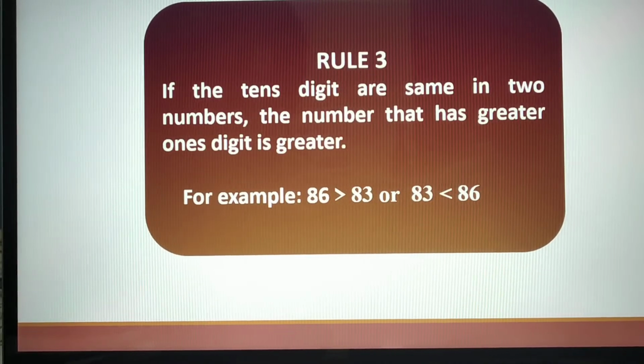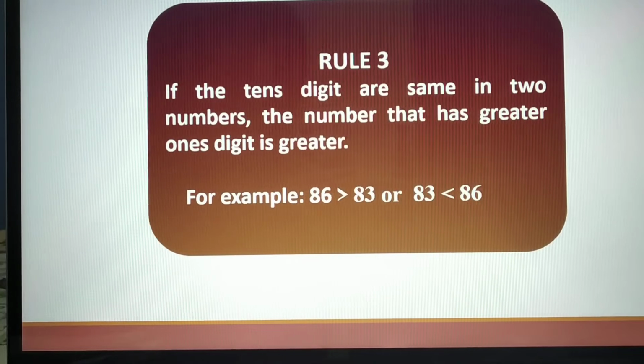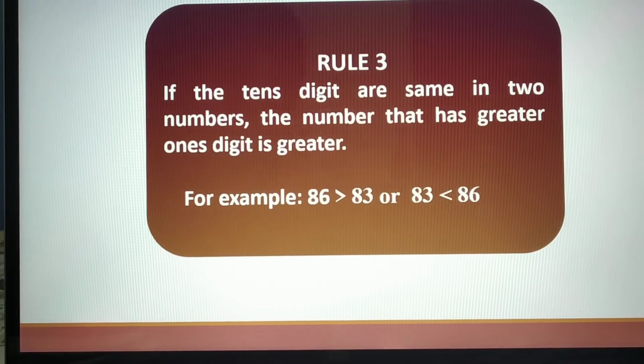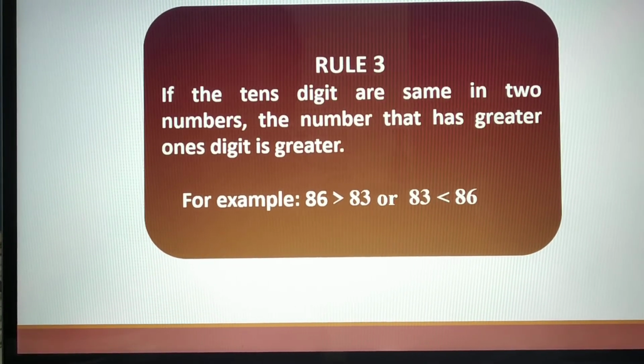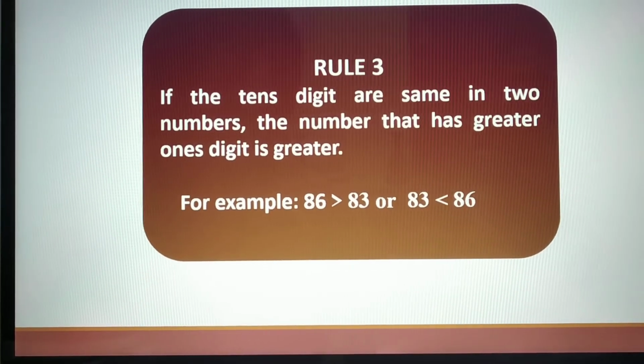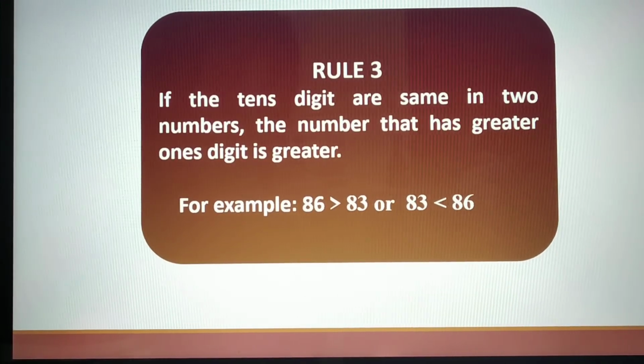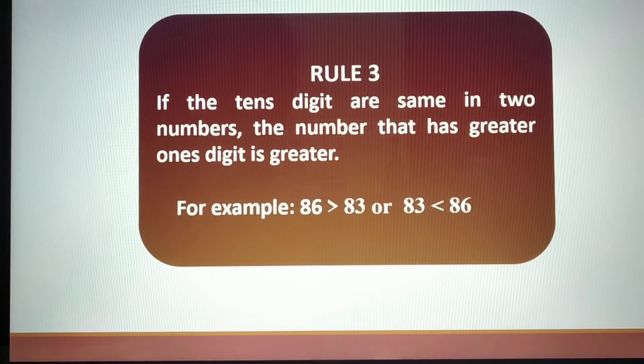Now, rule number 3. All the rules are given in your book, students. I am making you understand separately. If the tens digits are same in two numbers, the number that has greater ones digit is greater. Now again confusion. Example you see. 86 is greater than 83.